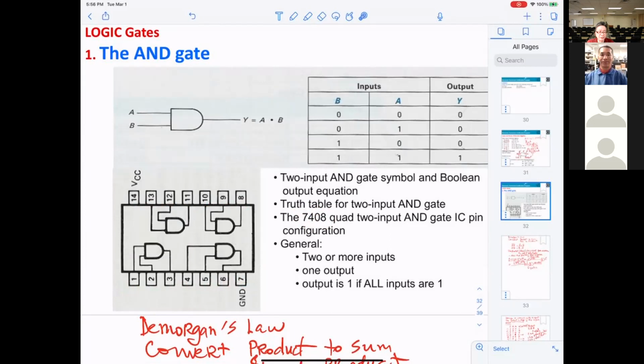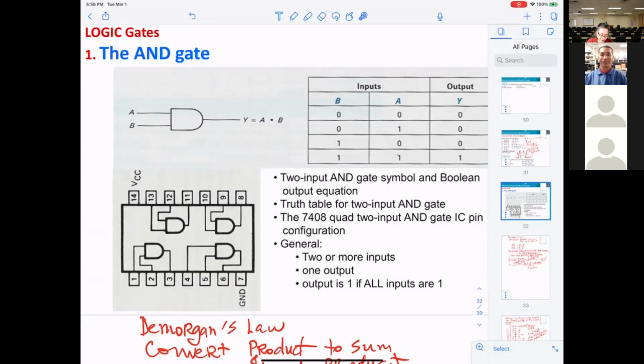Normally, for a 14-pin IC, pin 7 will be connected to the ground and pin 14 will be connected to 5 volts. Without that connection, the IC is not working. So when you build a circuit, the first thing you have to do is connect the power first, then you connect the ground.